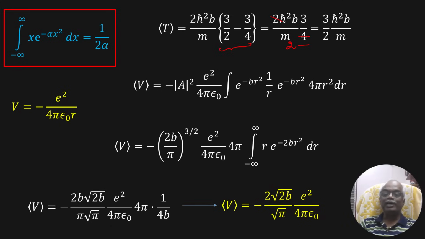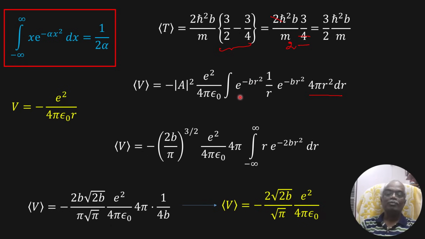Here d tau I have replaced with 4 pi r squared dr as usual, and the potential energy V is equal to minus e squared over 4 pi epsilon naught r. Except 1 over r, all other things I am bringing outside the integration because these are constant. That is minus e squared over 4 pi epsilon naught, and I am keeping 1 over r.